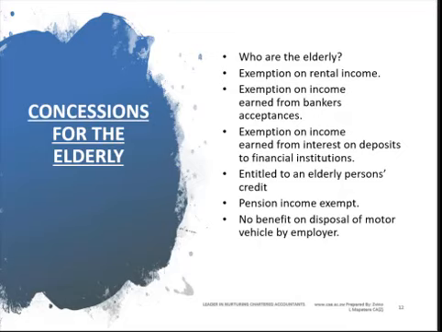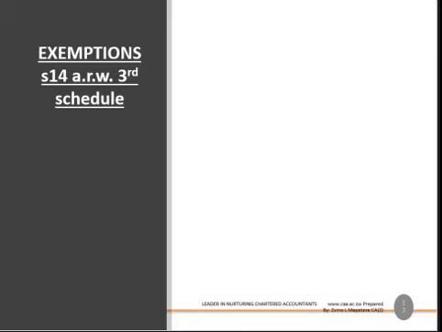This is important to note because what the taxman is trying to do with elderly people is to reduce the tax burden for the elderly, because they've lived for such a long time and they've already been taxed. We need to reduce the tax burden and be able to let them survive under the small pension amount they actually earn. Now let us look at other specific types of exemptions as covered under section 14 as read with your third schedule.